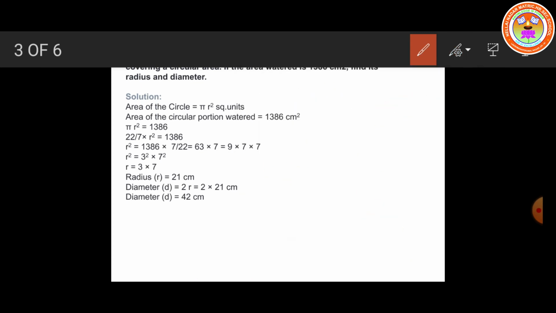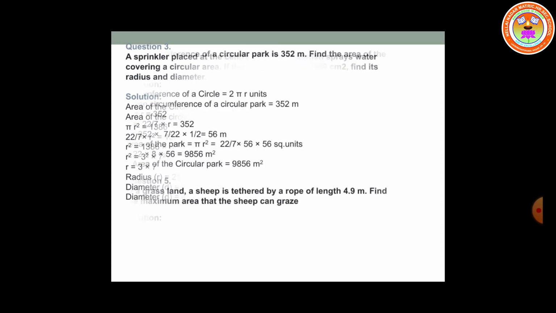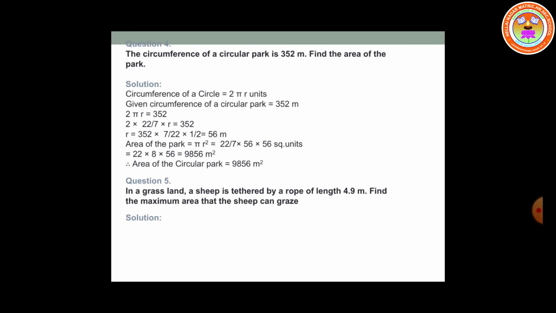Next, we are going to move on to the fourth sum. The circumference of the circular park is 352 meter. Find the area of the park. So what is given? The circumference of the circle.